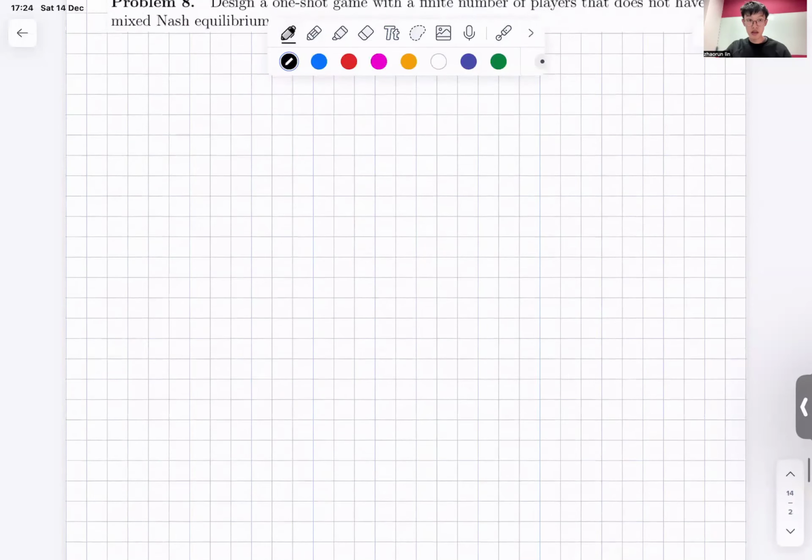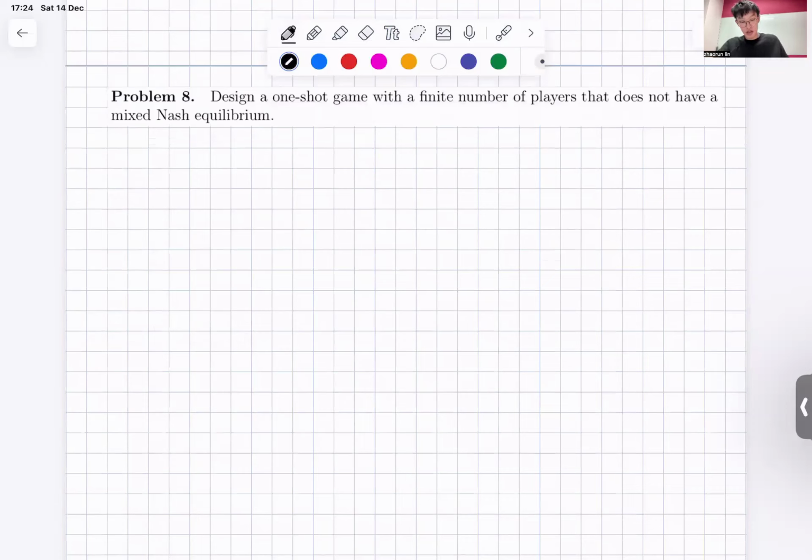For problem 8, we want to design a one-shot game with a finite number of players that does not have a mixed Nash equilibrium. To do this, we must provide the finite players with infinitely many strategies.